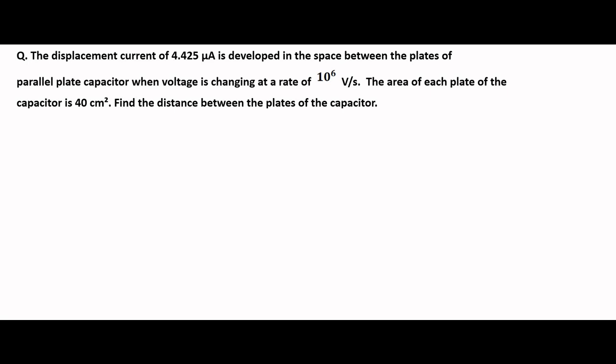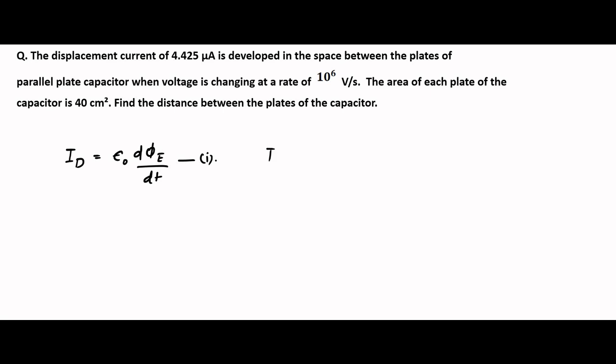So this question is related to displacement current. First you have to write the different expressions of displacement current. So far we have found three ways of expressing it. First, ID is equal to epsilon 0 d phi E by dt, that is absolute permittivity multiplied with the rate of change of electric flux with respect to time.